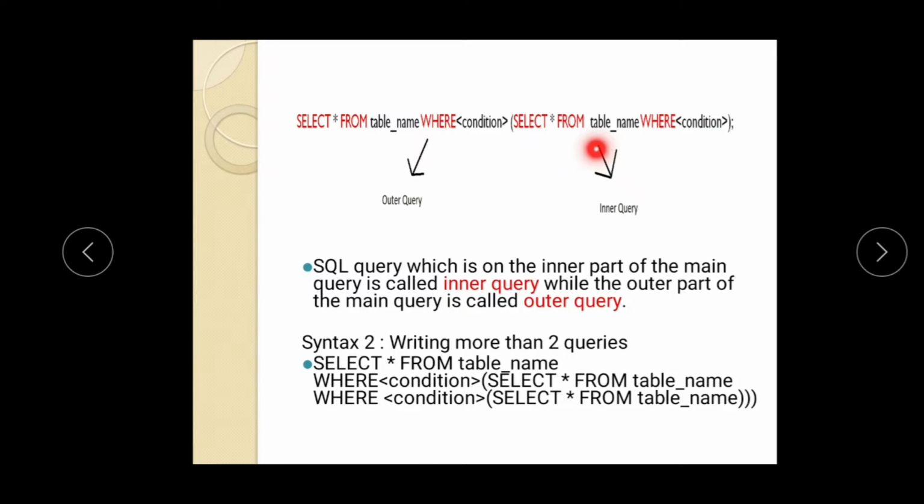So this is the same syntax. This is the inner query and this is the outer query. The SQL query which is in the inner part of the main query is called the inner query. The query which is a part of the main query is this one, called the inner query, while the outer part is called the outer query.